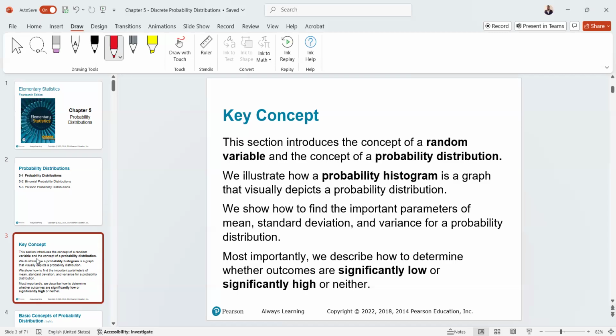Most importantly, we describe how to determine whether outcomes are significantly low or significantly high, or neither, things that we already covered in the previous chapters also. As I said, if for some reason you missed what we did in the previous chapters, I strongly advise you to go back and watch those videos.